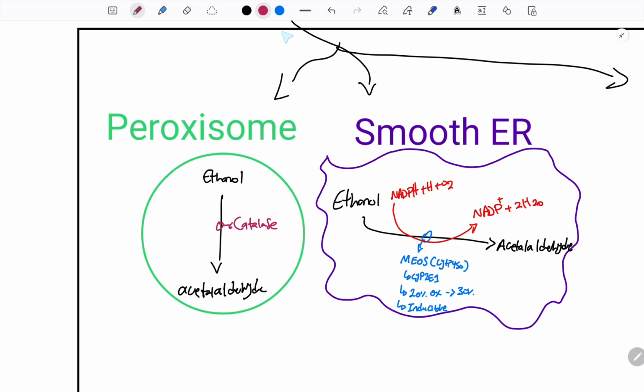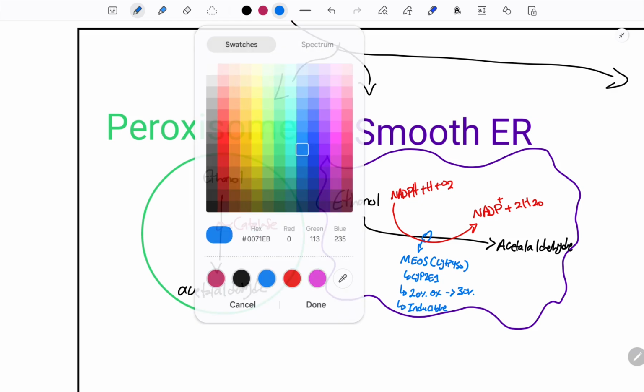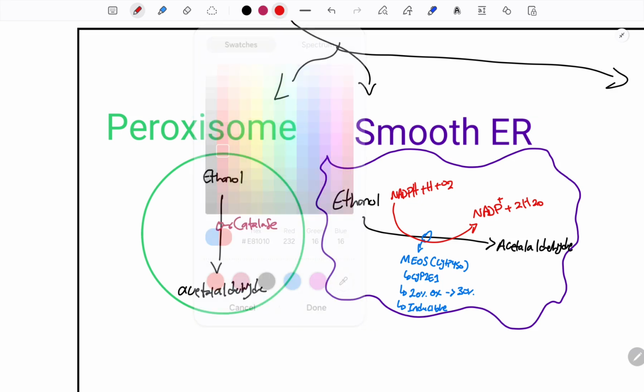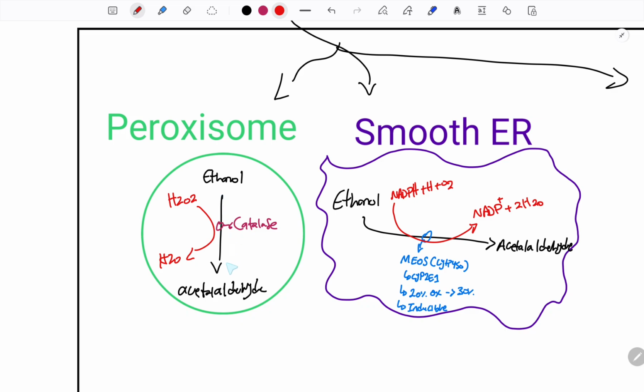And it's going to convert ethanol into acetaldehyde with the usage of something very weird, reactive oxygen species. It's going to turn hydrogen peroxide into water during this reaction of ethanol to acetaldehyde. So that's how that's doing that.